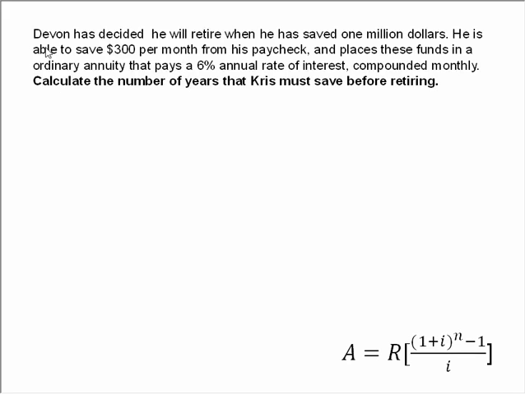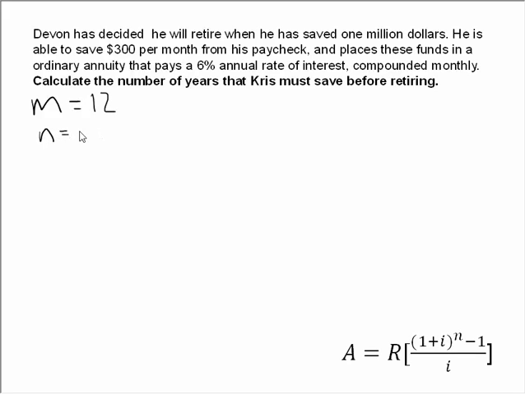All right, with all these problems, I start out by writing down what I know in terms of M, N, and I. M is our number of compounding periods per year, and we said we're compounding monthly, which means that we have 12 compounding periods per year.